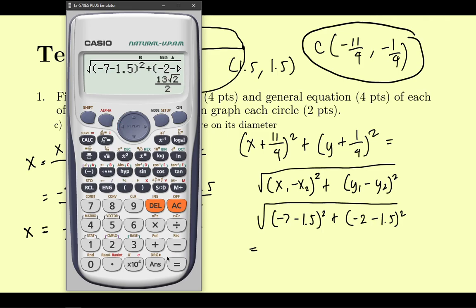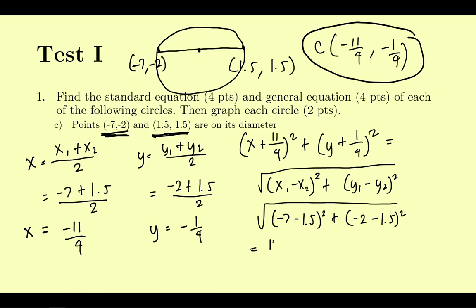Ayan. So, it's 13 square root of 2 over 2. Oh, no. Diameter is 13 square root of 2 over 2. So, the radius is 13 square root of 2 over 2 divided by 2, or simply 13 square root of 2 over 4. And then we can square that.